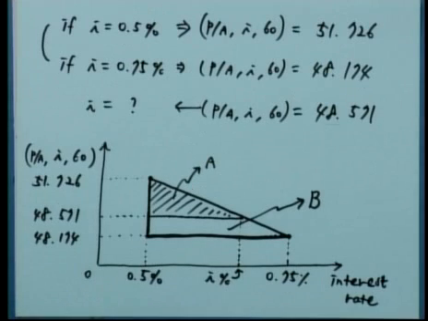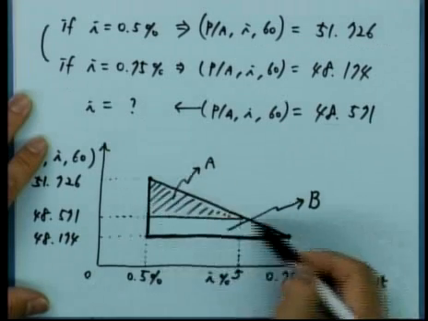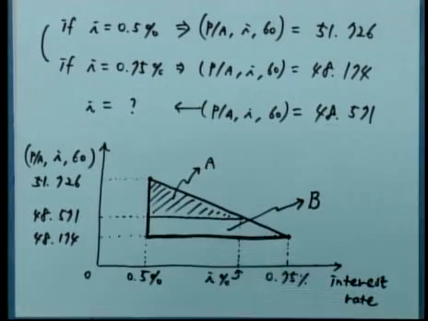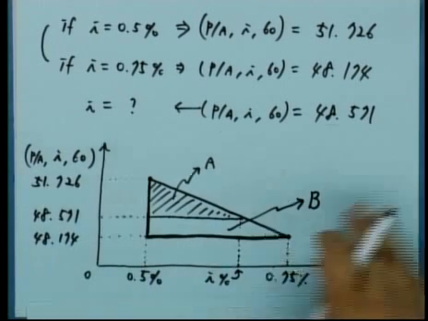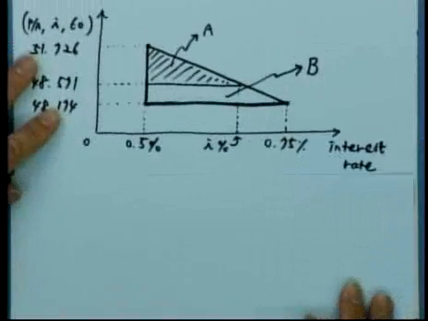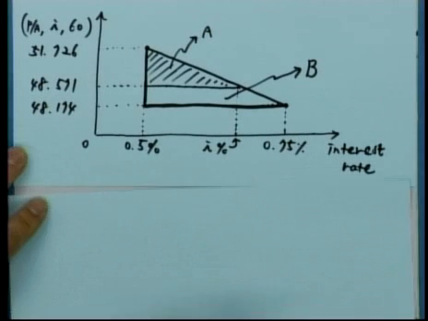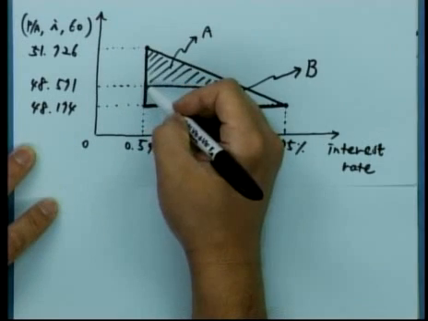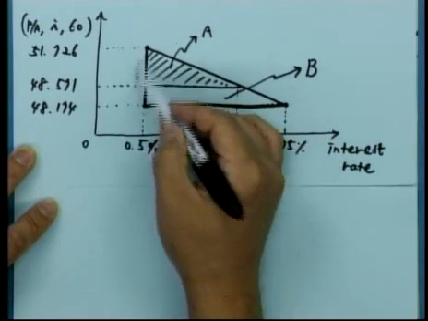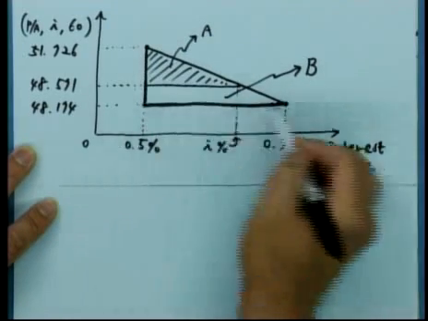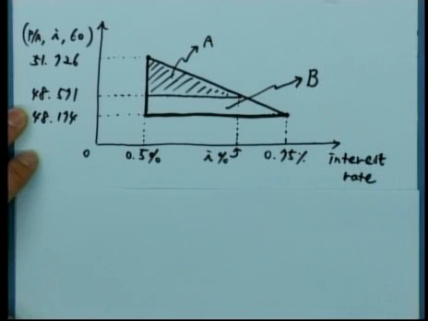So our linear interpolation will rely on these two triangles A and B. So the height of triangle A versus the base of triangle A is equal to the height of triangle B versus the base of triangle B, right? That's what you're going to use for the linear interpolation.